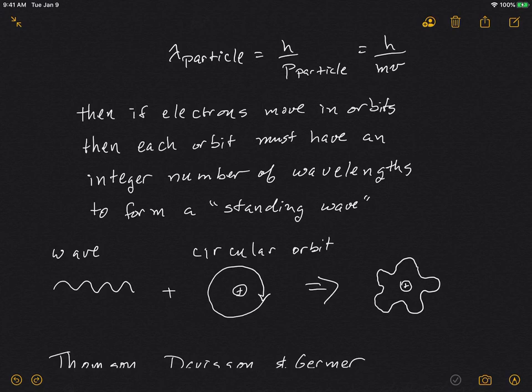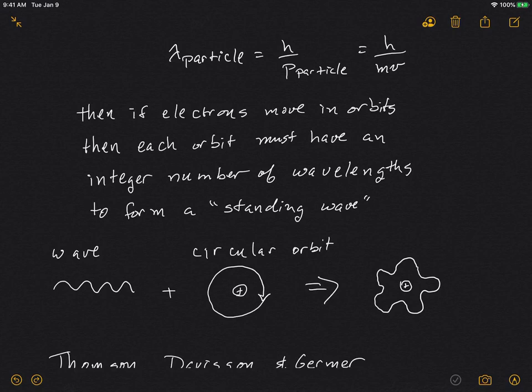And that can help explain the Bohr atom. It can help explain why there are certain radii that are allowed. They're the radii that are associated with some integer number of wavelengths for an electron moving around the atom.